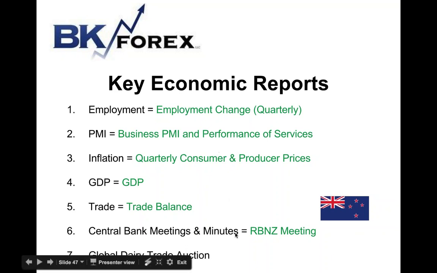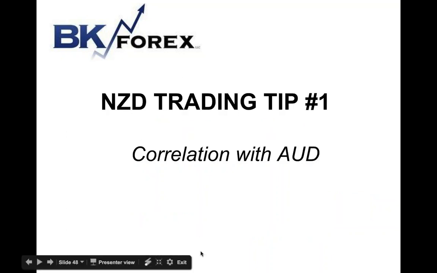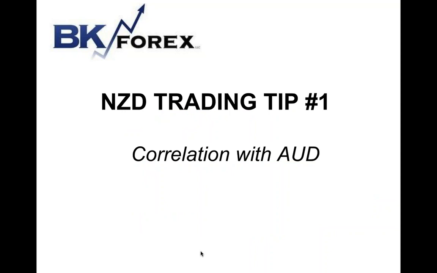The RBNZ meets on a quarterly basis, and they move their rates, and that's a very, very important movement. And the other thing the market very much trades is, because New Zealand is so heavily dependent on dairy, dairy is its primary export. Twice a month, there's a global dairy trade auction, and that auction is very important as a component of how we determine whether the New Zealand dollar is going to go up or down.